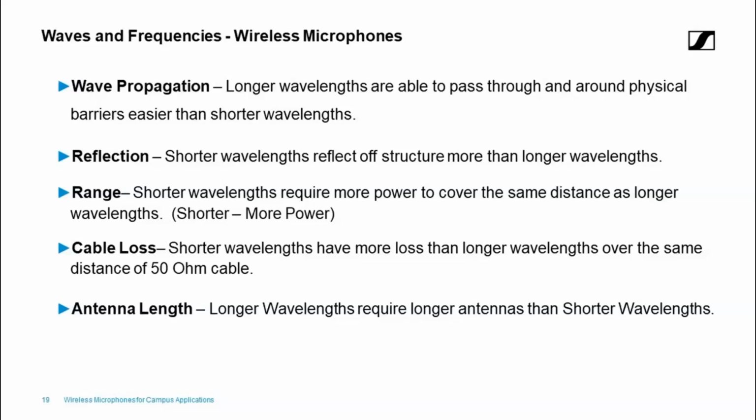But the main thing to think about is how these higher frequencies with the shorter wavelength propagate differently from the lower frequencies that have that longer wavelength, and how we can make that work within our campus environment. So the next slide, please.